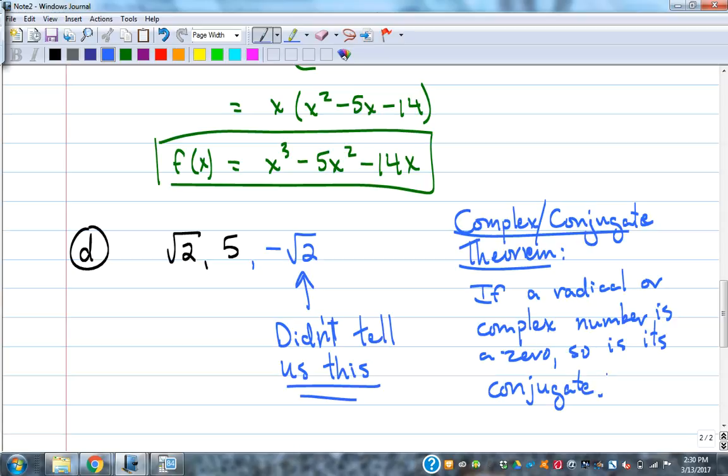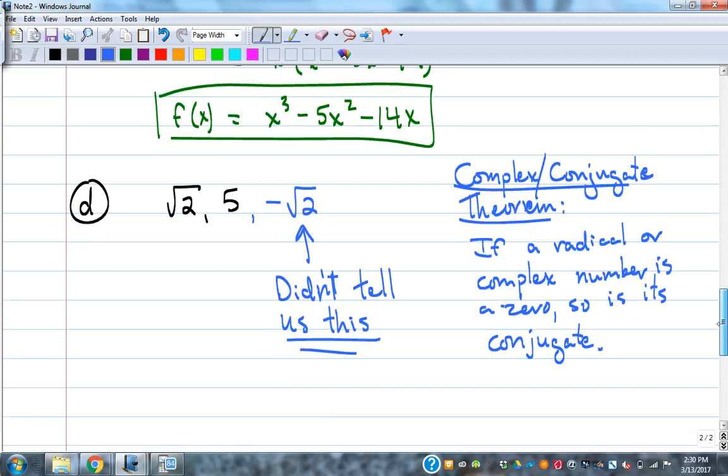Conjugate just means change the sign in the middle. So this is a positive square root of 2. The conjugate of a positive square root of 2 is a negative square root of 2. Those are conjugates of one another. We'll do another one where it's like 3 plus square root of 4 or something, or square root of 5, something like that. And the conjugate's the minus in the middle.